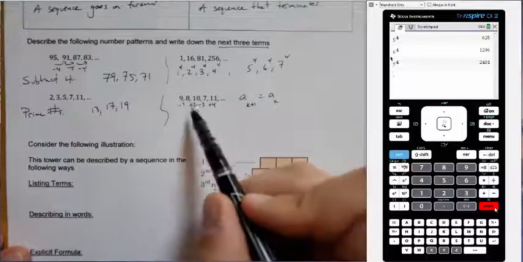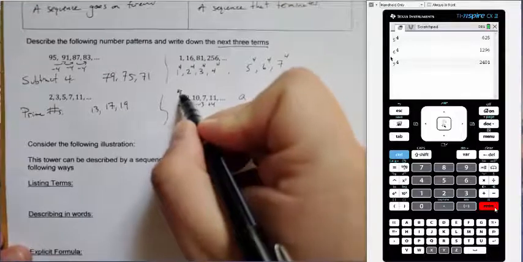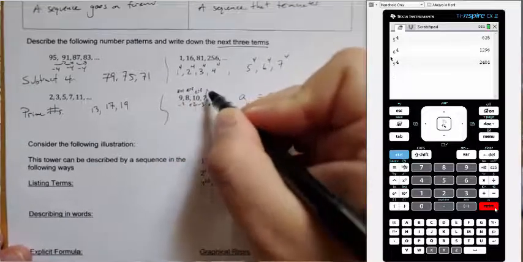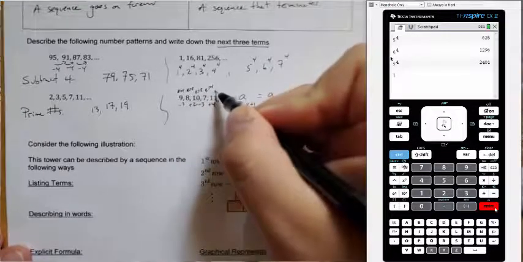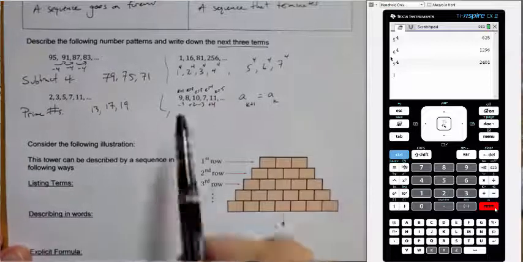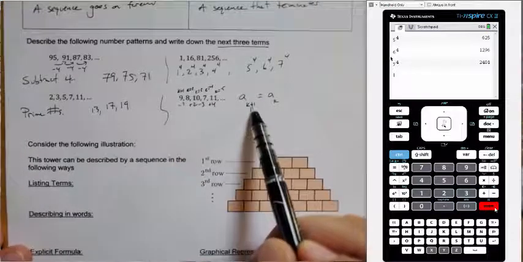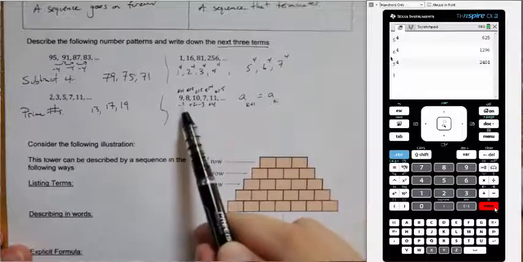If this is k, if this is the first one, then 8 is 2, 10 is 3, 7 is 4, 11 is 5. So to get to 8, that would be 1 plus 1 is 2. I'm going to take k=1 and add -1 to it.